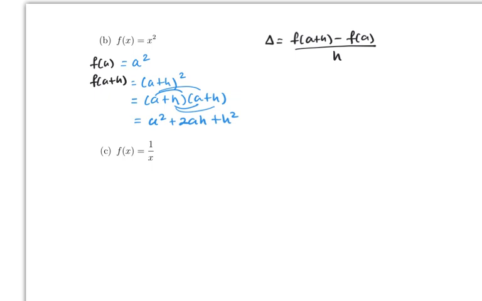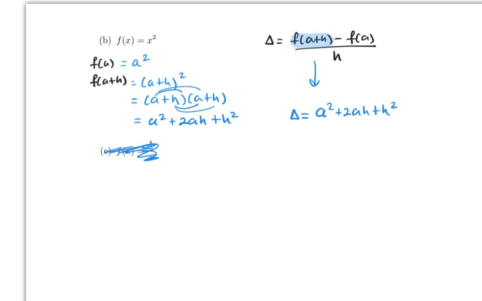Okay, and let me actually get rid of this for now. So then if you plug it into the formula, from here delta is going to be a squared plus 2ah plus h squared. So that's this part.